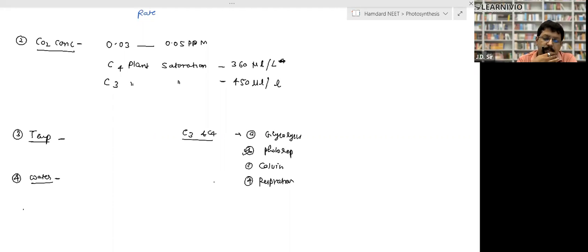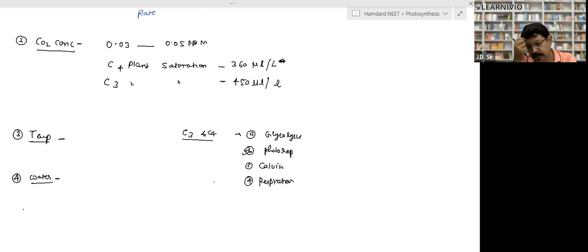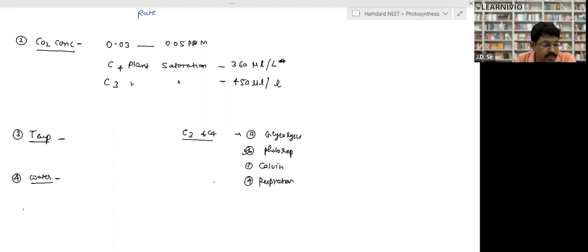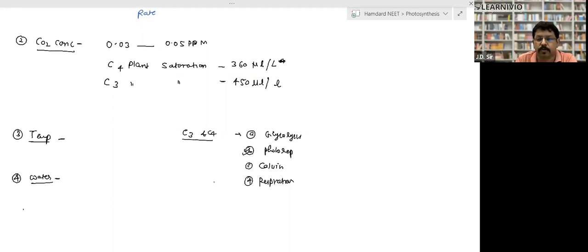So what is ppm? Part per million. Have you seen the pollution certificate of any vehicle, car or any other vehicle? You must have a pollution certificate with your car. If you go through it, you will see that ppm is written there. Ppm is part per million, right?